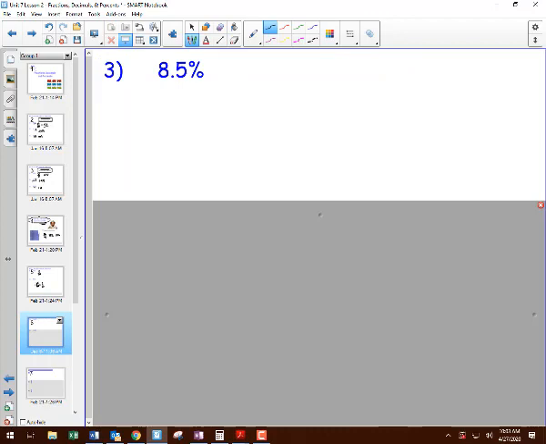Number 3, we get a decimal and a percent. We're putting that together, and that's okay. We can still deal with this. What we'll do first is get rid of the percent sign by putting 8.5 as a fraction. So now our next step is to get rid of that decimal point. We'll do that by multiplying the numerator and the denominator both by 10.